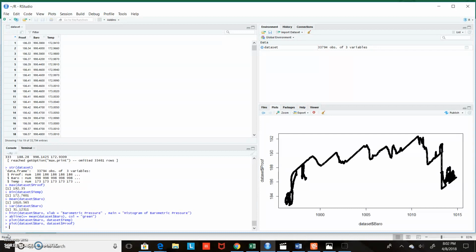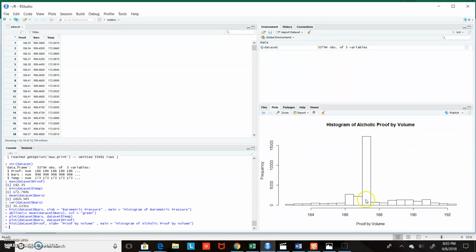For the conclusion of this presentation, I'd like to take a histogram of the proof, since as a general outcome, we would want to know how much alcohol we distilled from our sample and where that frequency lies. So let's make a histogram. Here we have our histogram of our proof by volume.